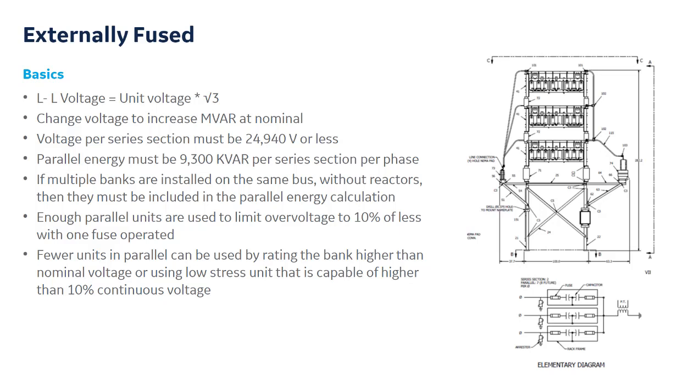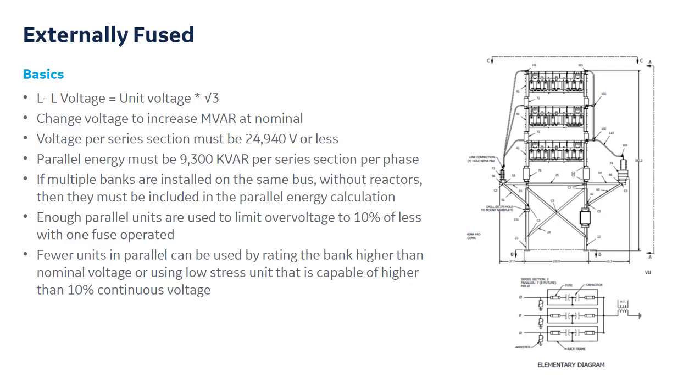The parallel energy must be 9,300 kVAR per series section per phase. If I go any higher than 9,300 kVAR, then I need to go to more series sections, and you're going to see a significant increase of insulator cost, of your rack sizes, and your bus connections or pipe.